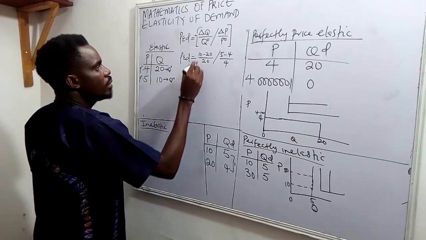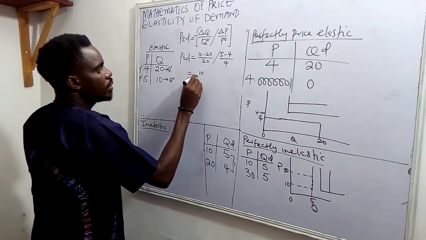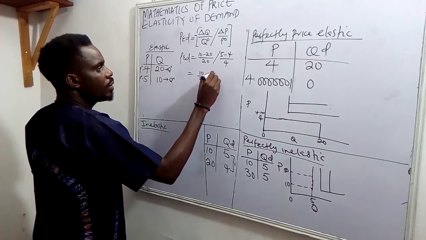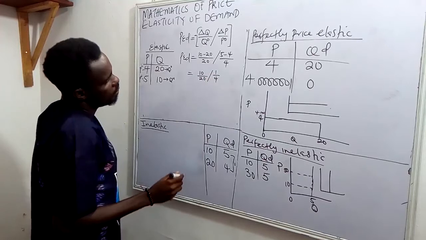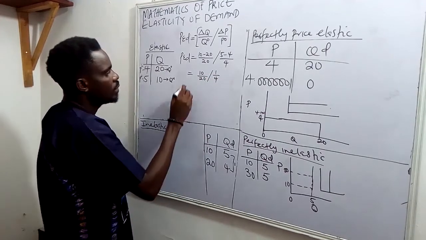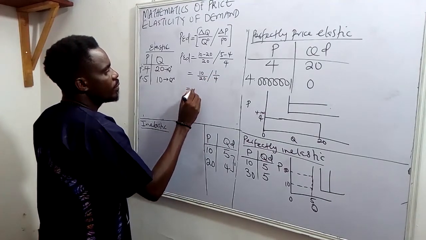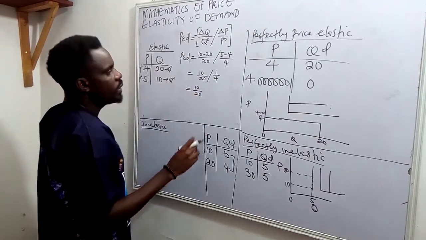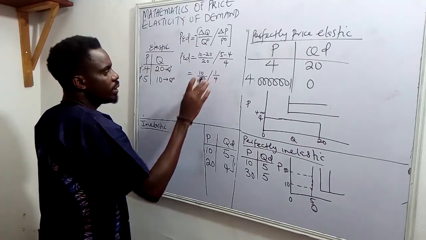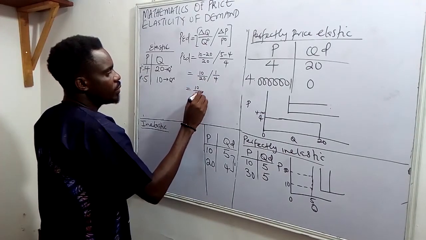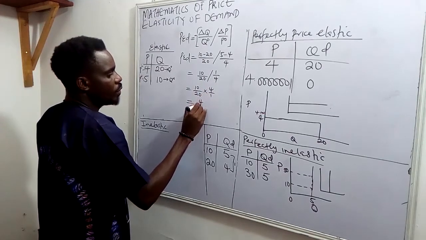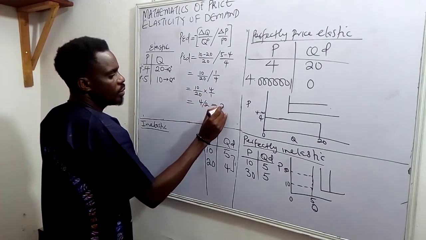Then this will give us 10 and this is 20 divide 1 divide 4. Therefore, by switching the denominator for numerator, we have 10 divide 20 multiply 4 divide 1. This will give 4 divide 2, which is 2.